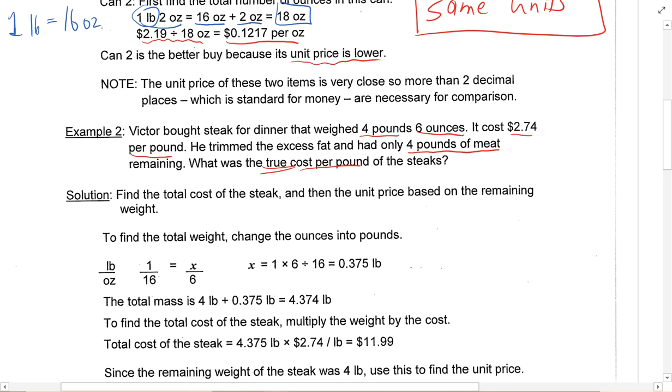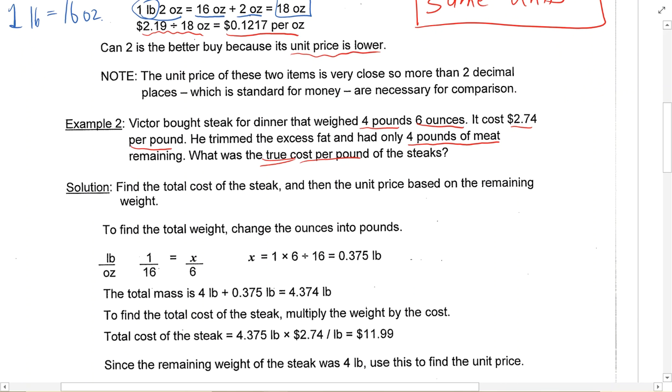Okay, solution. To find the total cost of the steak, you find the unit price based on the remaining weight. Since we have $2.74 per pound, I'm going to have to change my weight, the 6 ounces, into pounds. So I'm going to set up a ratio, 1/16 equals x over 6, and I'll convert it into 0.375 pounds.